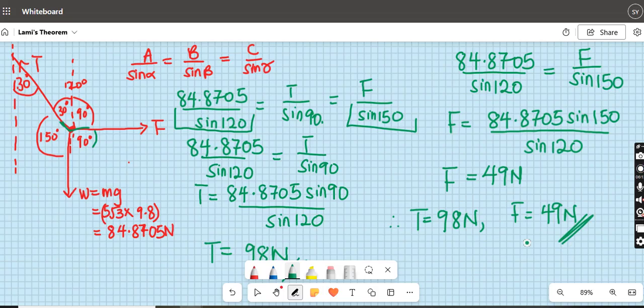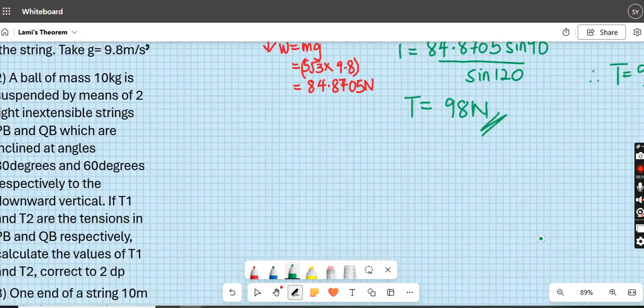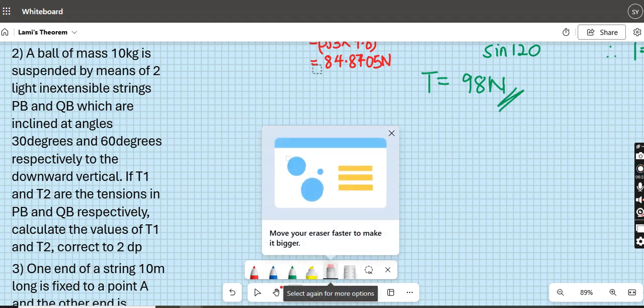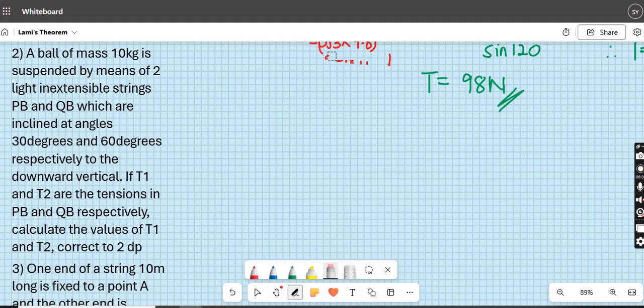Let's move on to example 2. A ball of mass 10 kilograms is suspended by means of 2 light inextensible strings PB and QB, which are inclined at angles 30 degrees and 60 degrees respectively to the downward vertical.